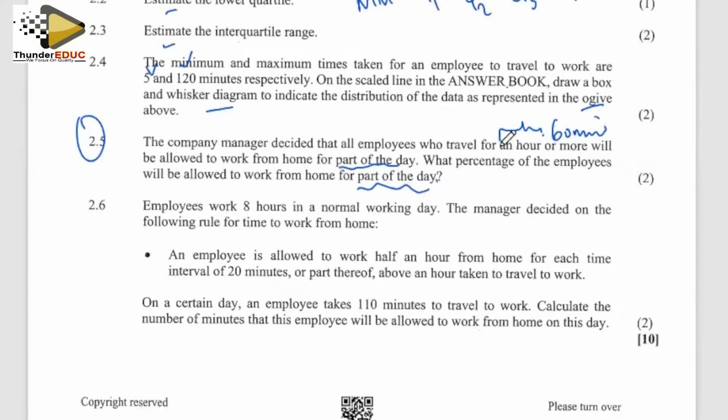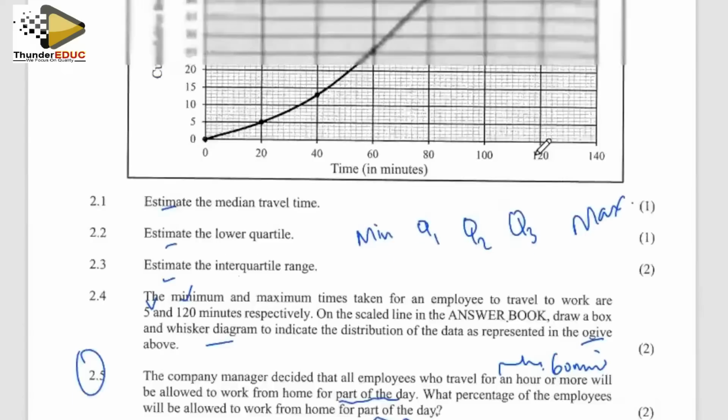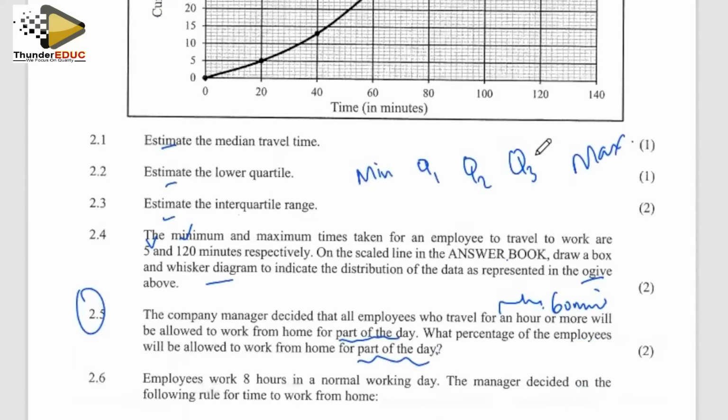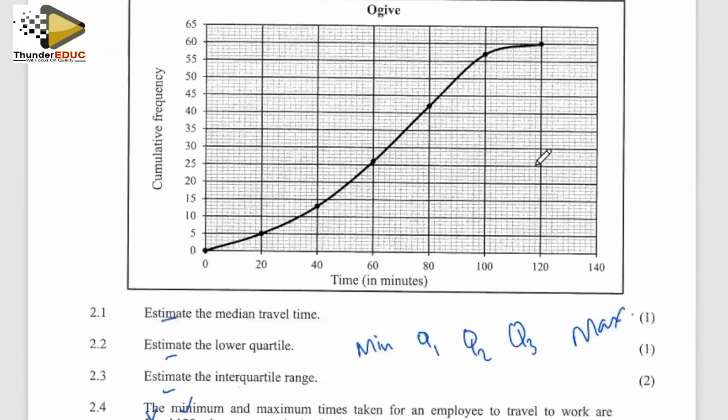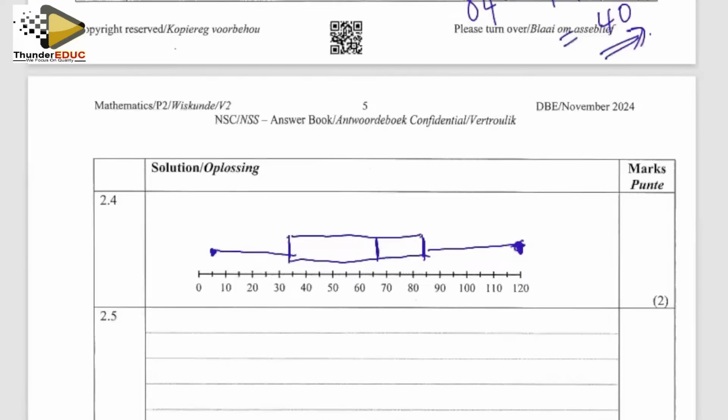So we want to see how many employees are using more than an hour to get to work. Okay, so 60 minutes, we have this line. Follow that line of 60 up until it meets the ogive, and then we take the reading from this side. So that should be around about 26, okay, around about 26. So we know that at 60, we have the cumulative frequency of 26.